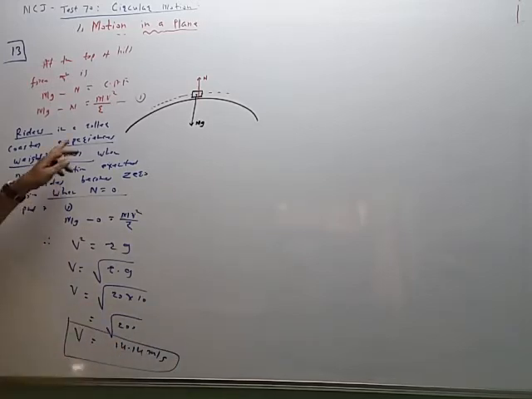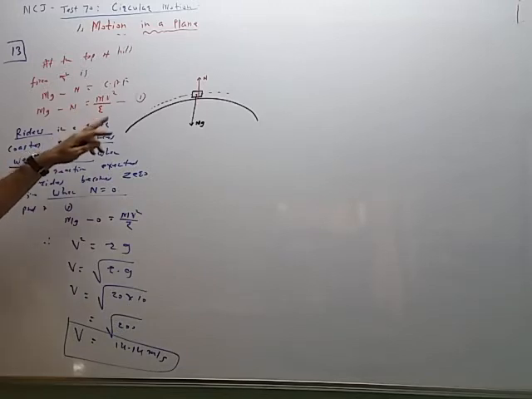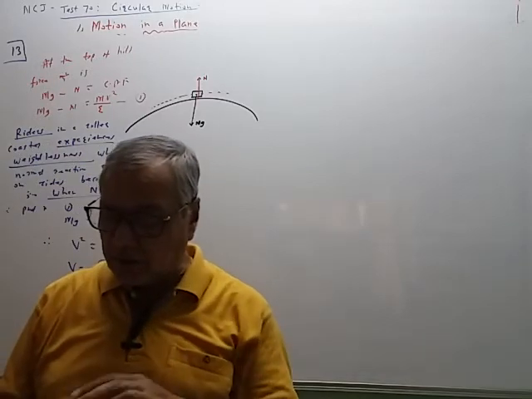So for the feeling of weightlessness, the speed of that vehicle, rider, trolley at the top of the roller coaster should be equal to 14.14. So 14.14 lies in the range 14 to 15.